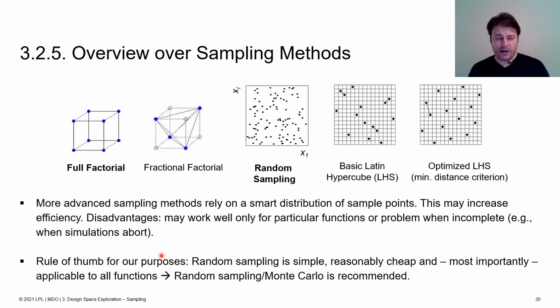So for our purposes, random sampling is the method to choose. It is simple, it is reasonably cheap, and it is applicable to really all functions. So there is no requirement on linearity or noise or whatsoever. It's just a very robust, simple technique to use, and in my opinion, the one to be preferred if you do not want to make particular assumptions about the function.